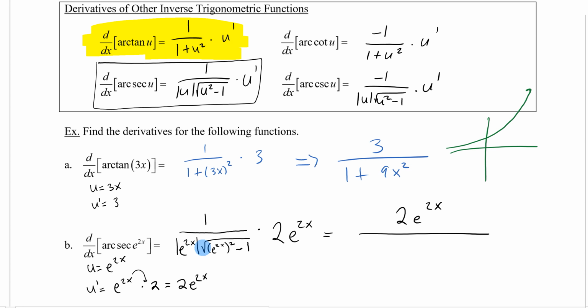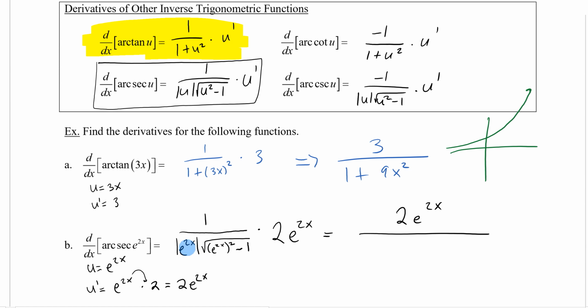I could leave it like that, but there isn't any x that makes e to the 2x negative. So I'm going to go ahead and rewrite it without the absolute value, times the square root of e to the 2x squared.